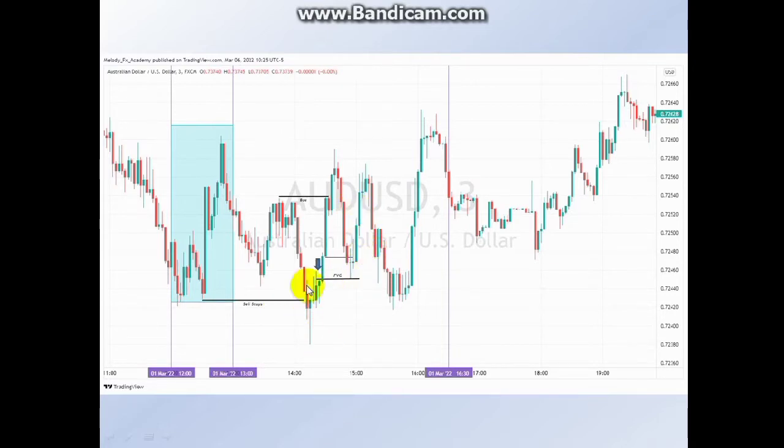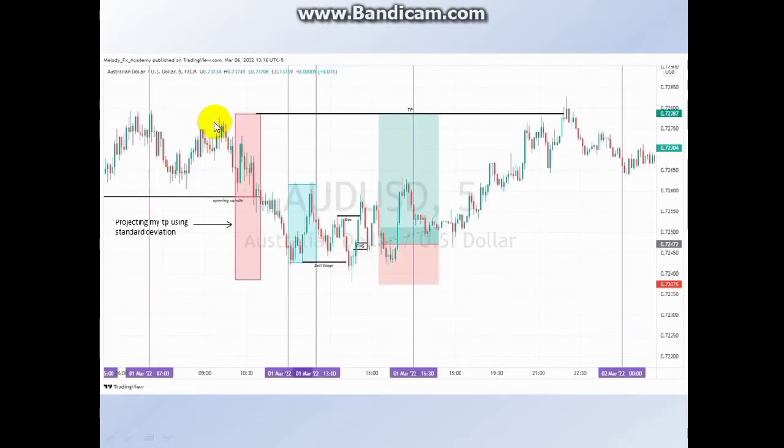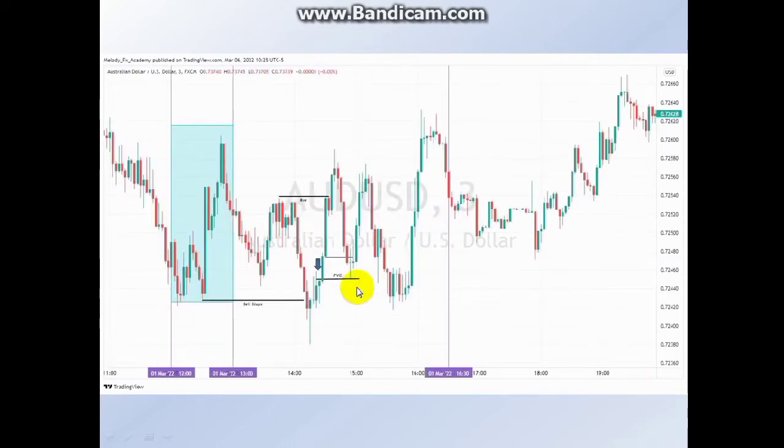Okay, and from what we can see here, price dips down below the fair value gap a bit and expands higher nicely. Okay, so using the 5 minutes, and we can see here, this is the 5 minutes chart, and we got our entry here, our stop loss here, and same thing goes for the 3-minute chart.